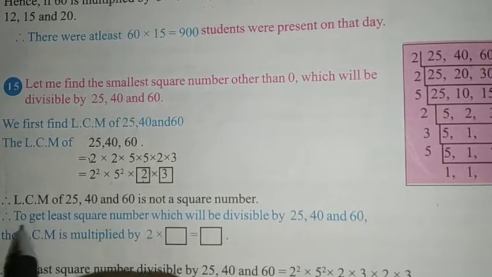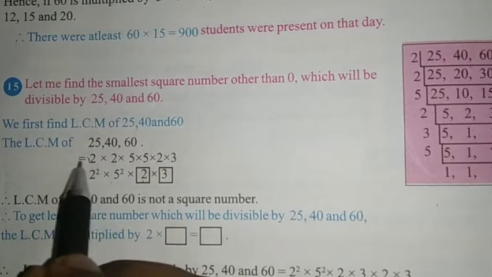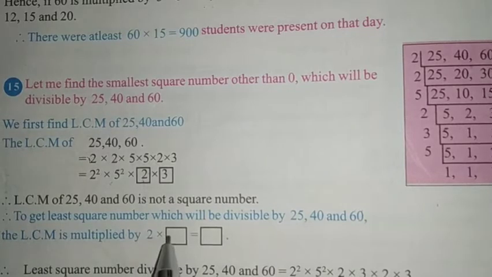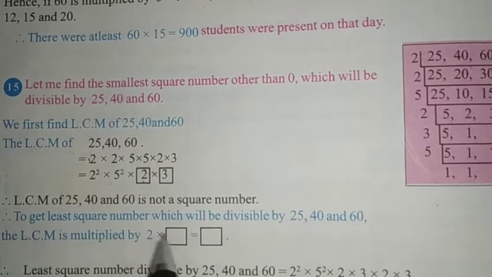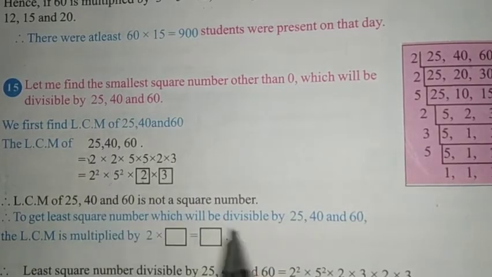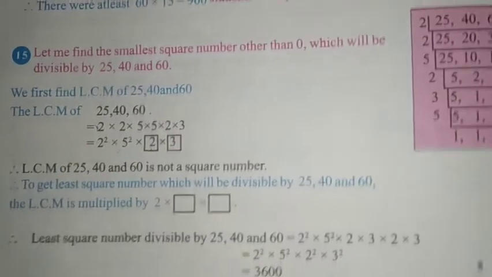To get the least square number which will be divisible by this, we need to multiply this total LCM with one 2 and one 3. So we will write 3 over here. Look, 3 2s are 6. So we need to multiply this total LCM with 6 so that we can get the required square number.